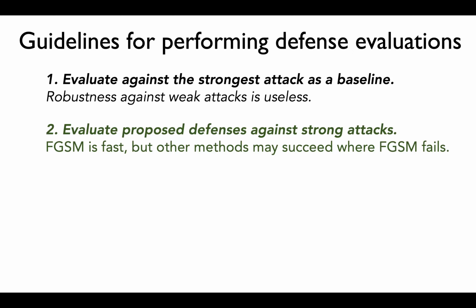This is again shown in the second point, that you should evaluate the proposed defense against the strongest attacks. So even though FGSM is fast, there are more sophisticated methods where FGSM fails. In any case, FGSM is just a single step method. It's not supposed to be very potent. It's just a fast attack.